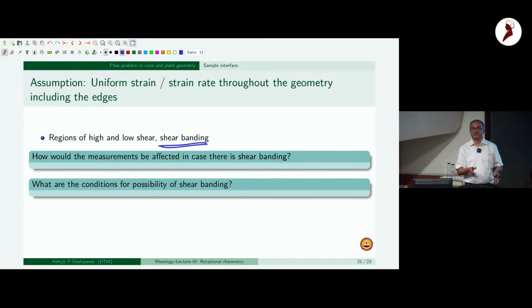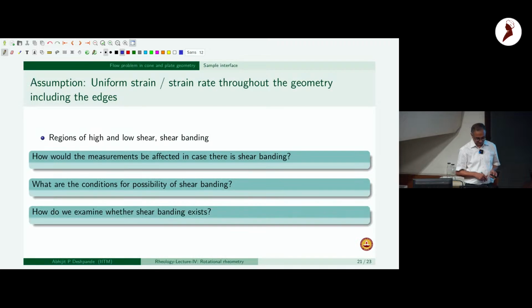There are various materials that do that, and again it's not clear, the signatures of shear banding and some other nonlinear viscoelastic features look similar at the analysis level. So unless we do flow visualization or some other systematic analysis, it may be difficult to immediately pinpoint some of these effects.